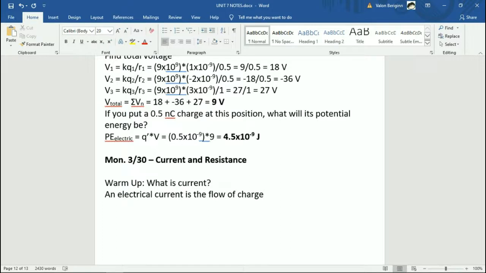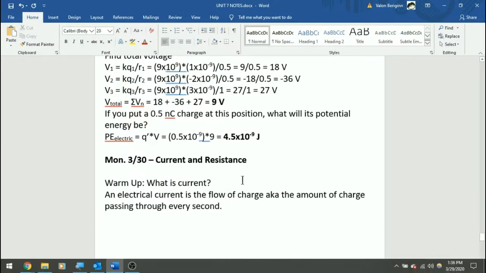You're taking charge and you're moving it through something at a fairly constant rate. So current is the flow of charge, aka the amount of charge passing through every second. Okay, it's the amount of charge passing through every second.